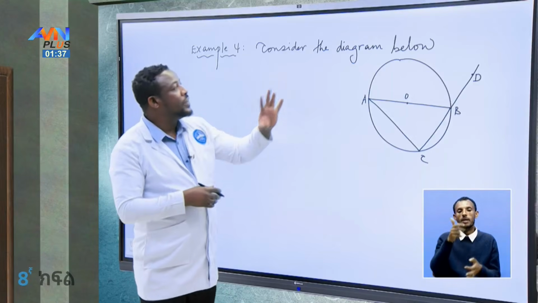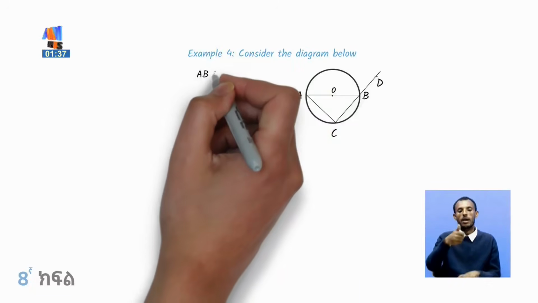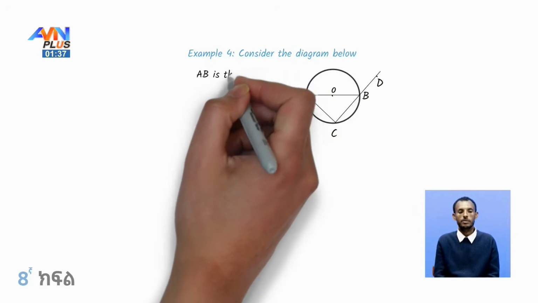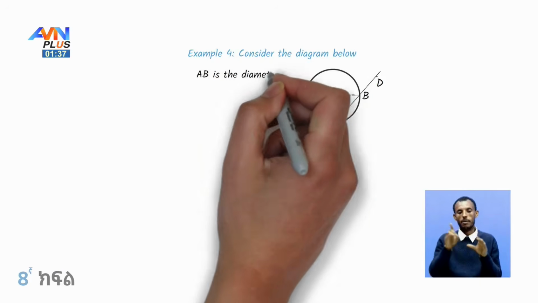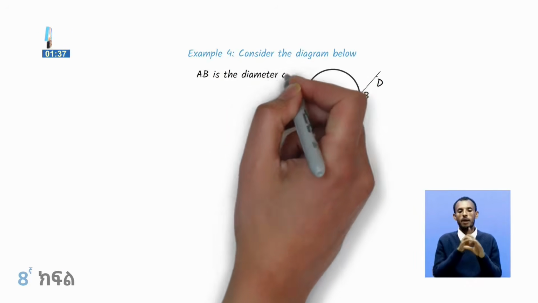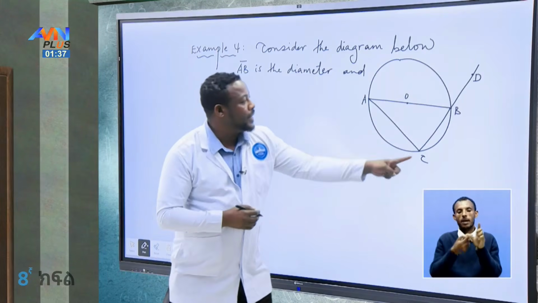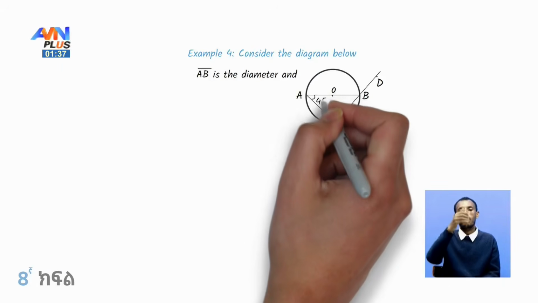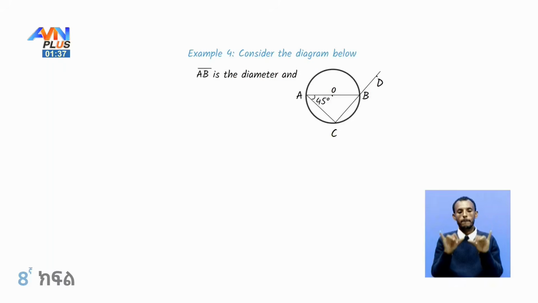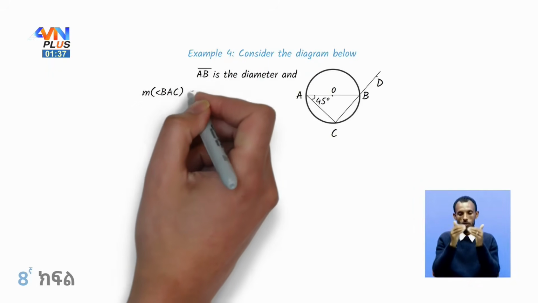So in this diagram, what is given: AB is the diameter of a circle, and angle BAC is given as 45 degrees. The measure of angle BAC is 45 degrees.